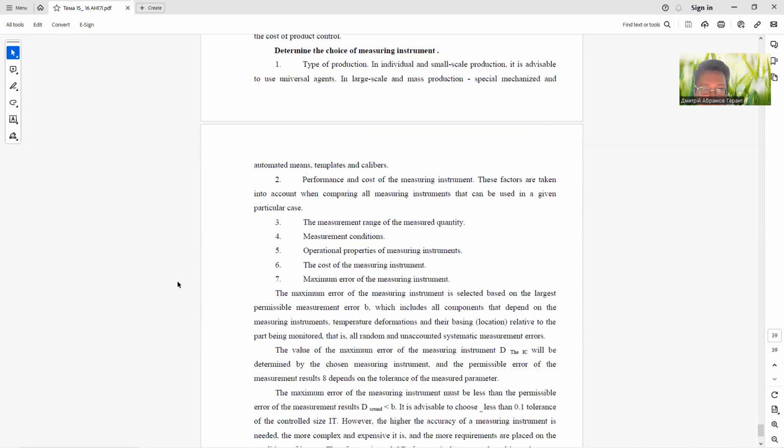Determine the choice of measuring instrument. First, type of production. In individual and small-scale production, it is advisable to use universal gauges and instruments. In large-scale and mass production, special mechanized and automated means, templates, and gauges.